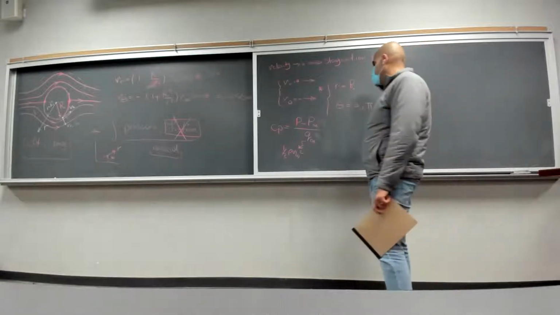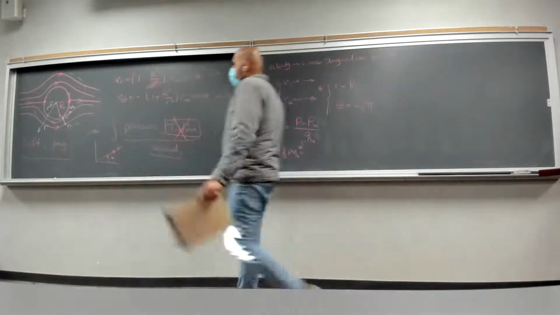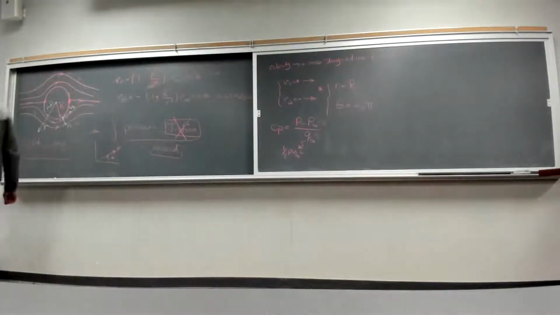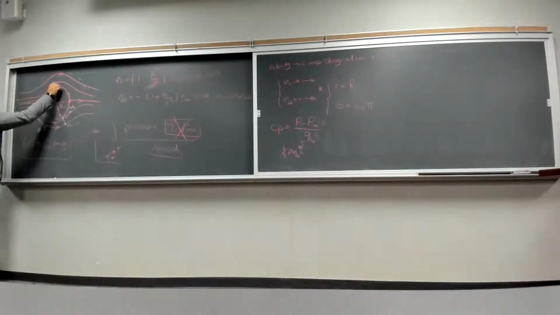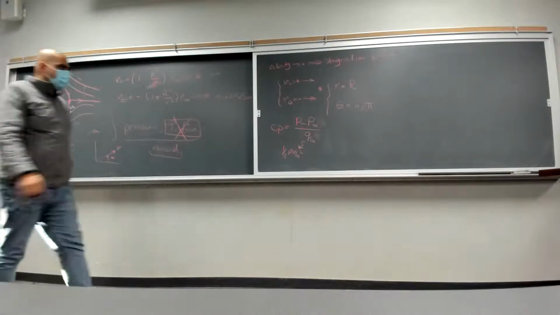Bernoulli's, okay? So let's say you want to write Bernoulli's for this point on the surface. So this point here, where we have infinity properties, P infinity, V infinity, and this point here, where we have P and V, a random pressure and a random velocity.